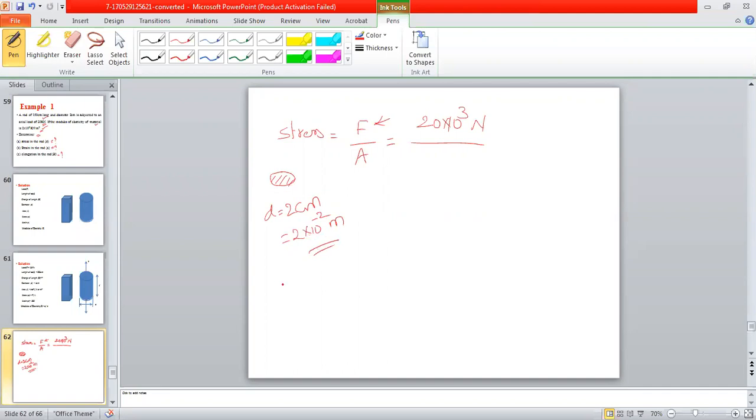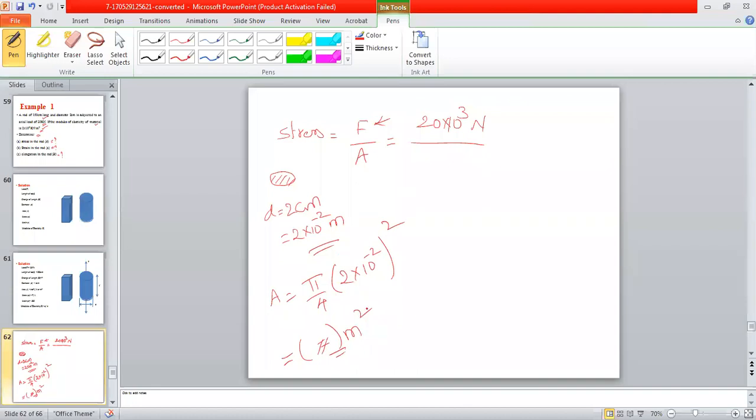Therefore, the cross-sectional area is nothing but pi by 4 into d, that is 2 into 10 to the power of minus 2, whole square. The units will be meter square. So we need to find out the area by using this formula.